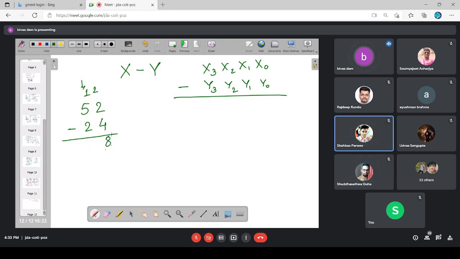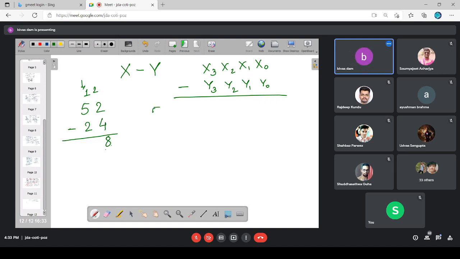8. Now I have already taken a borrow from the next higher stage. So while going for the subtraction in the next stage, you can subtract that 1 from 5, or you can add that 1 with this 2. So I am going for the second option. I am adding 1 with this 2.